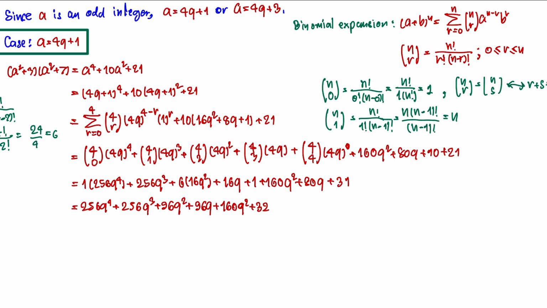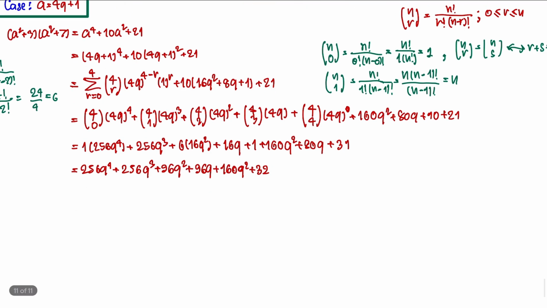And then what can we do next? So you're gonna have 256q to the 4, 256q cubed, and add this term, so you're gonna have 256q squared plus 96q plus 32.